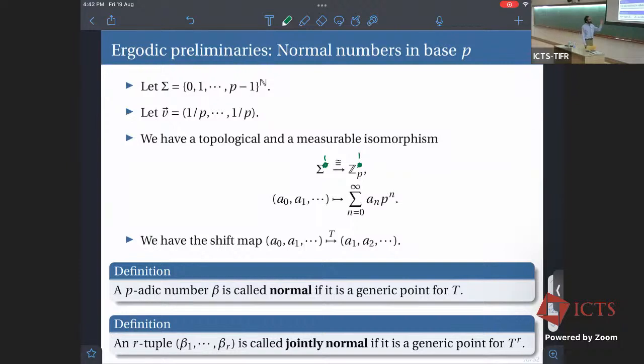Okay, and again we have the shift map, which was this left shift map, and a p-adic number beta is called normal if it is a generic point for this shift map. Okay, and in general, if you have an R-tuple, it's said to be jointly normal. So instead of this map and just sigma, you can look at an R-fold product. And so an R-tuple is called jointly normal if that is a generic point for T to the R.